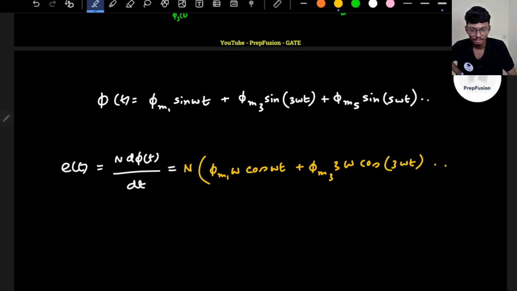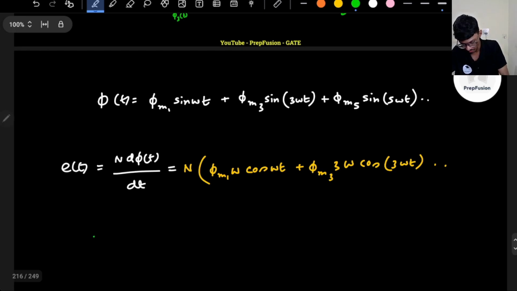It will go on. So what I observe is, what will be the induced EMF for the third harmonic and the first fundamental component?